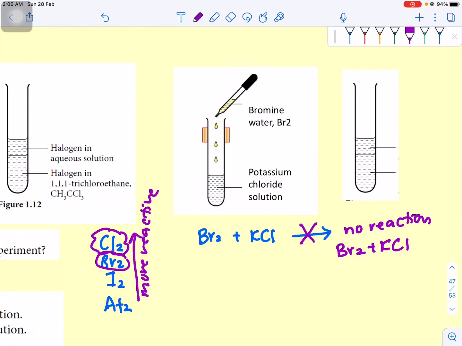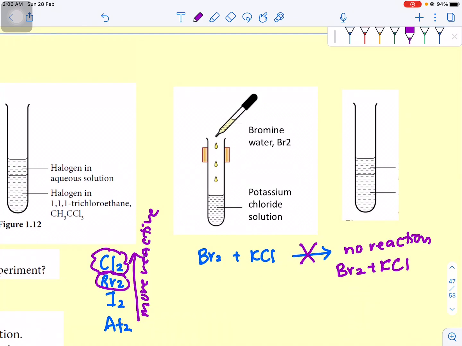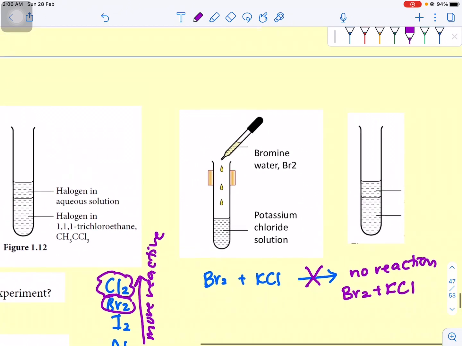So bromine is brown. How can we confirm that in this sample we don't have any reaction? We will add CH3CCl3, which is 1,1,1-trichloroethane. What can it do? It can detect halogen.